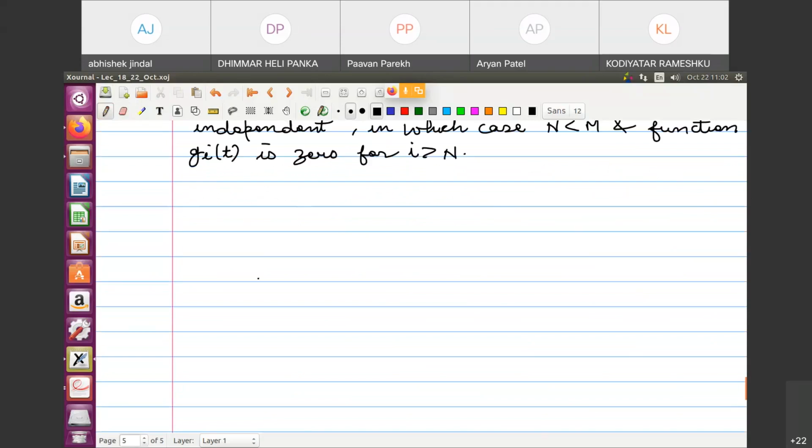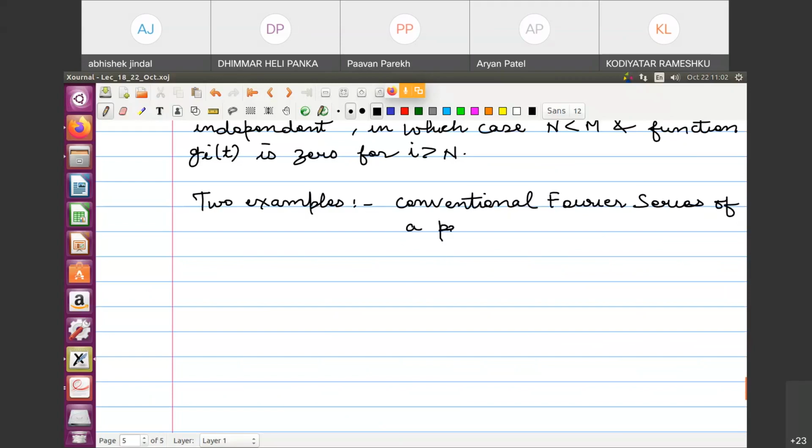So let me write down 2 things. There are 2 examples of this. One is the conventional Fourier series. What are you doing there? You are doing the same thing: the Fourier series of a periodic signal.